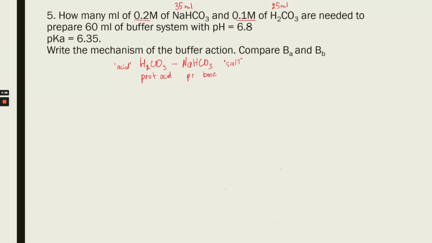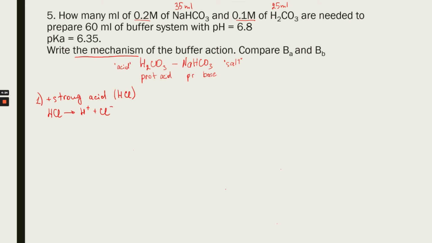Now we have to write the mechanism. So we will use again the same approach. So first let's write the mechanism when we add strong acid, HCl. So I do the same as I did in third problem. HCl is a strong electrolyte.